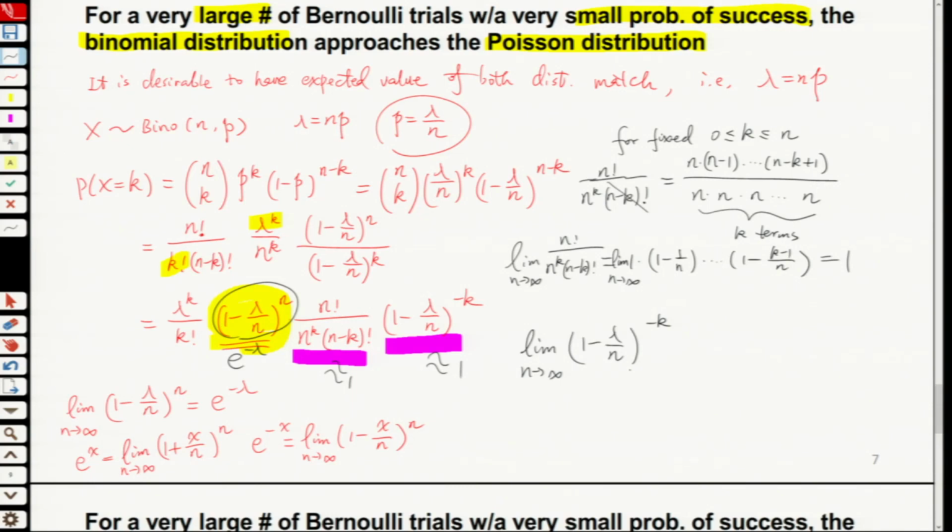So we have 1 here. So this part equals 1. Therefore we get the limit as n goes to infinity: the probability X equals k is equal to the Poisson, lambda^k over k factorial times exponential minus lambda. And this is Poisson.